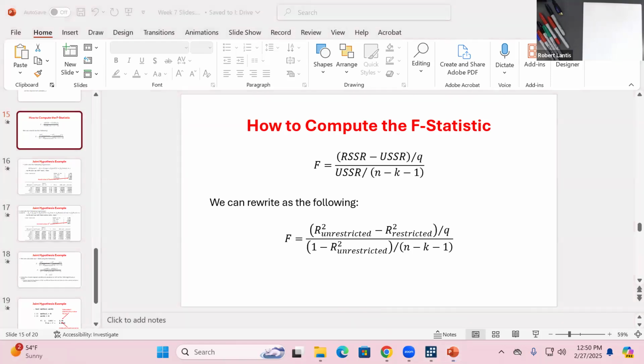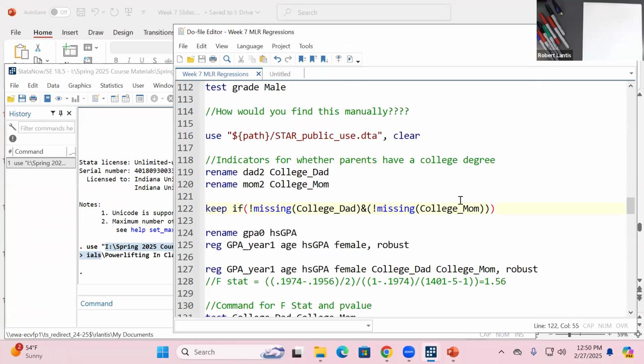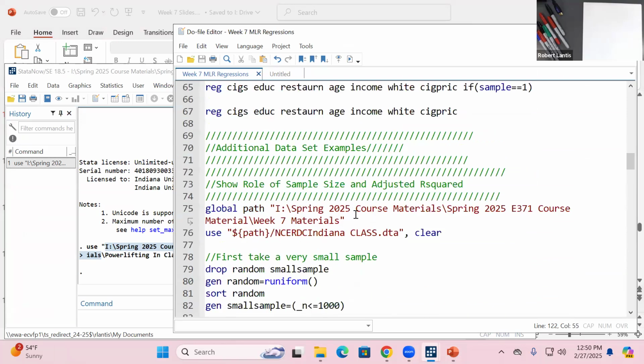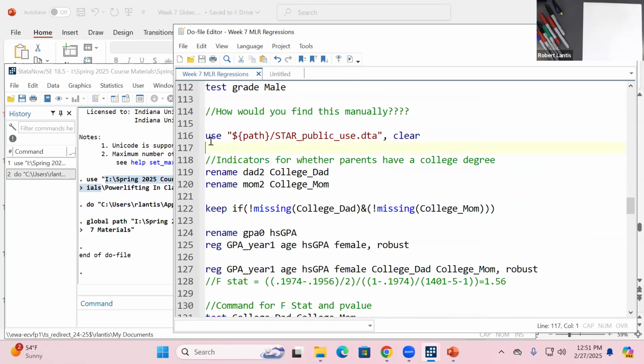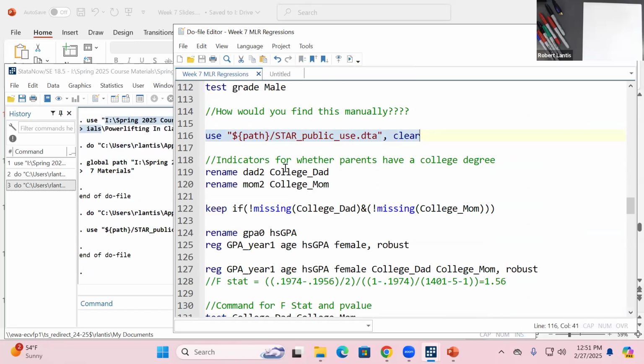Okay, so let's pull open this data file. I think I changed my global, so hopefully it's working correctly today. Scroll down here. We're going to use this star public use one. Okay, there you go.